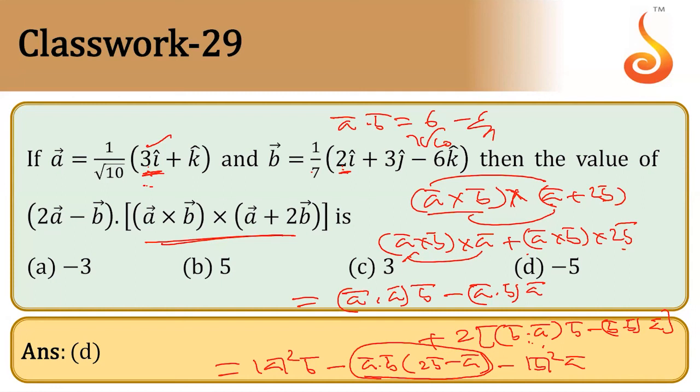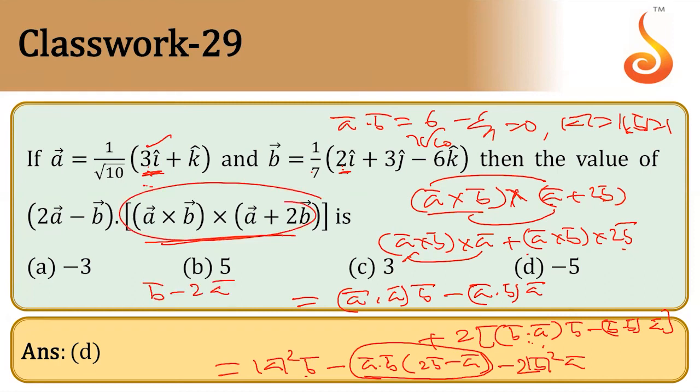Modulus A is 1 and modulus B is also 1. So the entire bracket is nothing but B bar minus 2A bar.